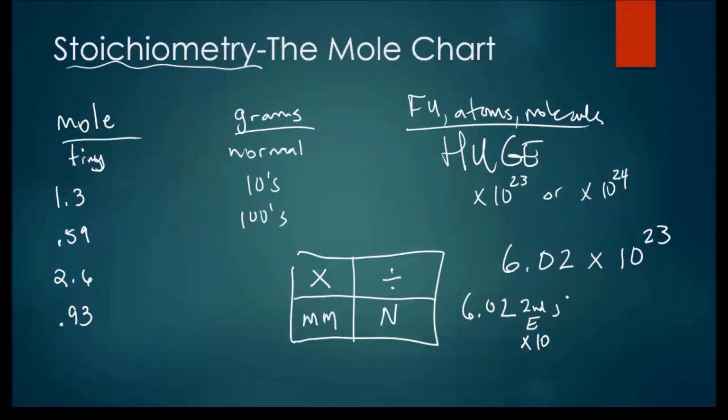So hit 23. From now on, this is the way I want you to do it. If you want to say times 10, you have to have that little e, and then in normal script, whatever power it's at. Second comma 23 should give you 6.02 little e 23.